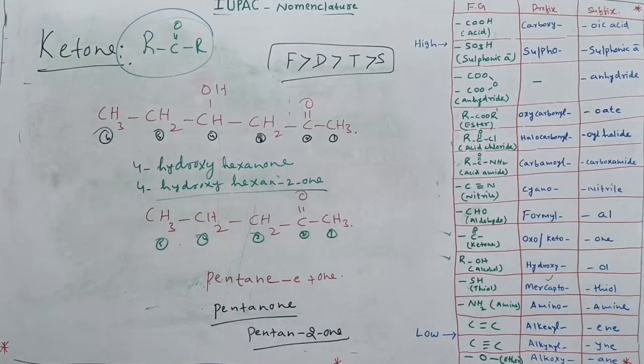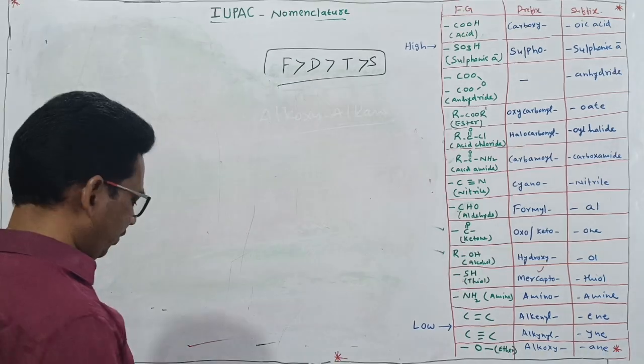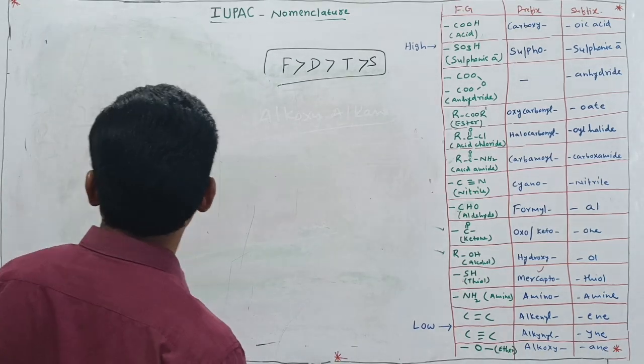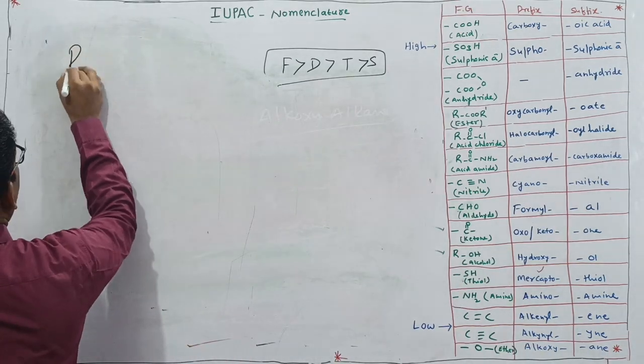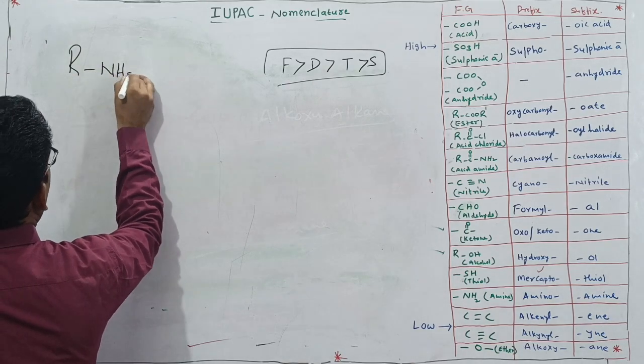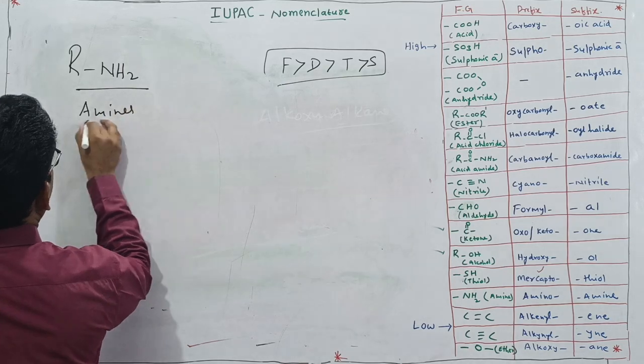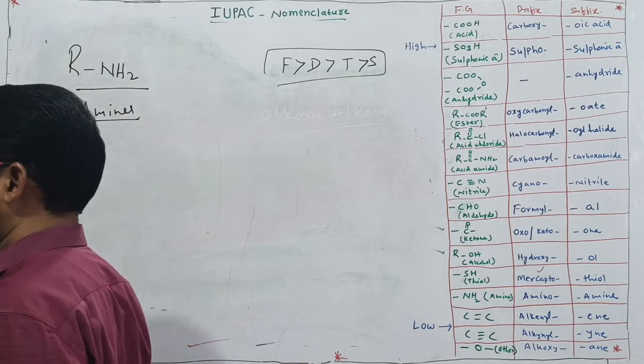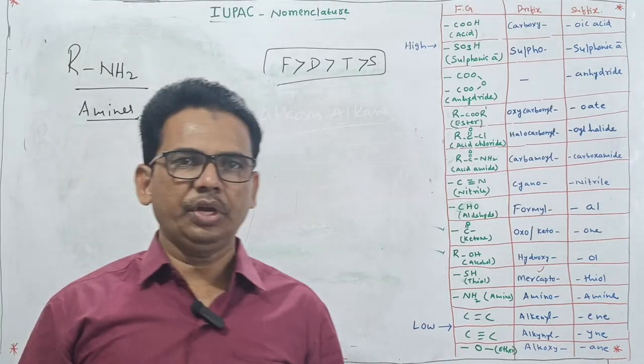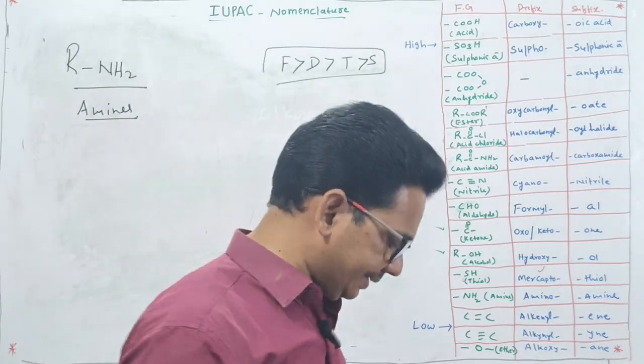Then we will go for the amines next. Now we can start the amines. What is the functional group of the amines? RNH2. This is the functional group for the amines. Then how are we going to give the nomenclature for this?